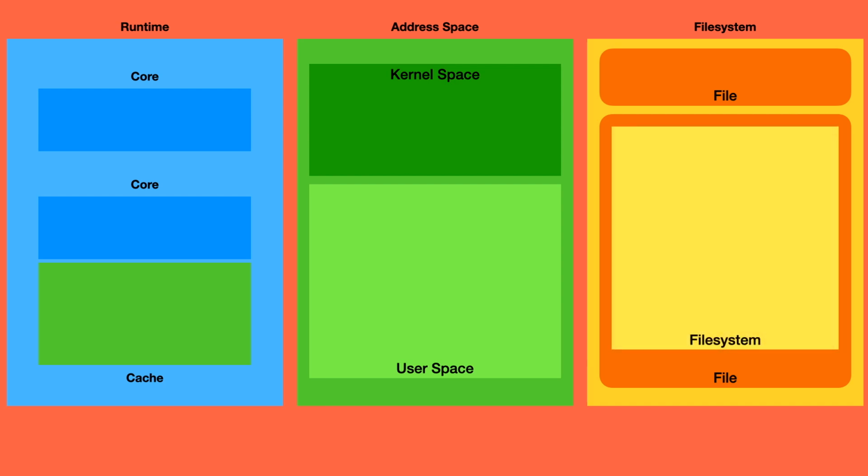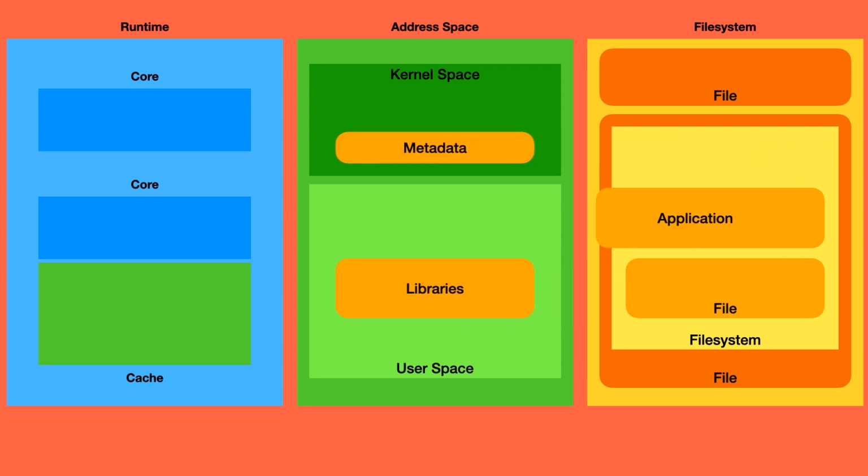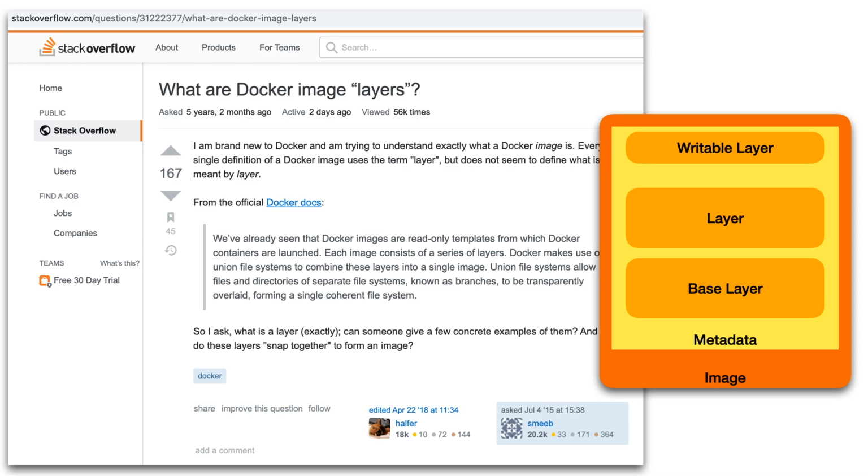Physically, a Docker image is a file on a host file system that contains a virtual file system that again contains files. This virtual file system consists of file tree branches, named layers.